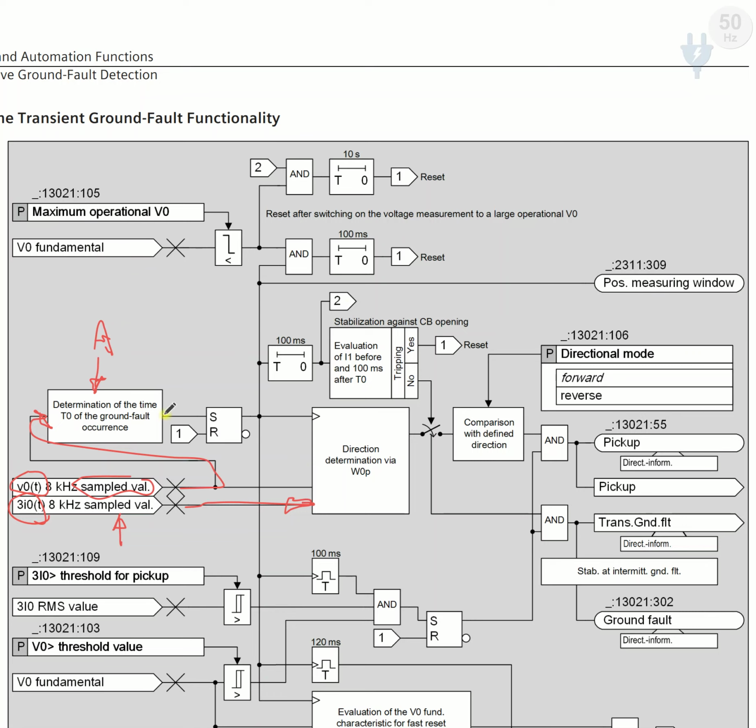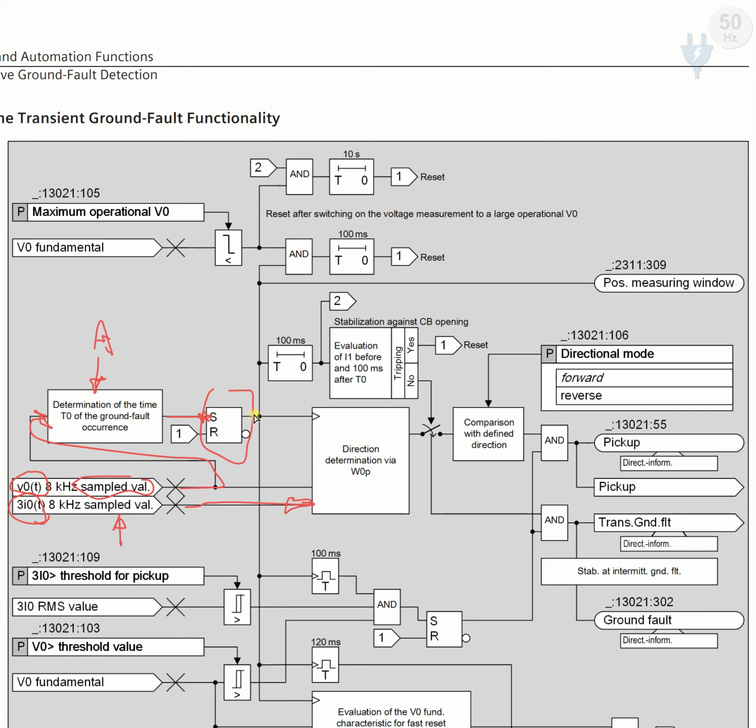After the fault is detected by block A, one signal is sent to an SR latch block, and the S terminal is latched.